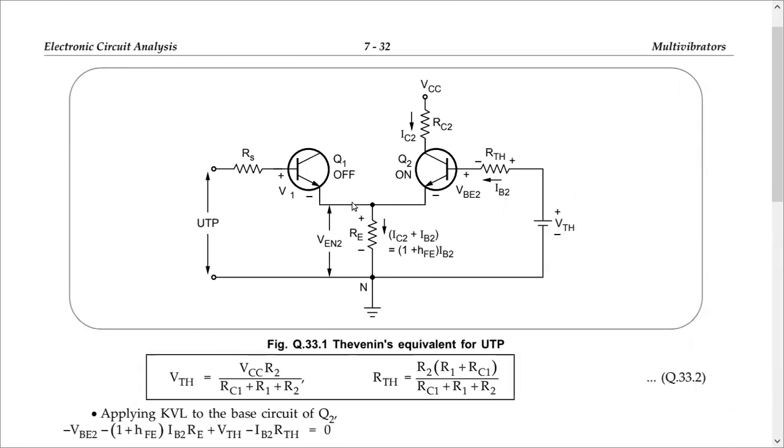How do we find the upper threshold point? It is turning Q1 from off to on, so we have to start our analysis with the condition when Q1 is off. Now, when Q1 is off, obviously we know Q2 is on.